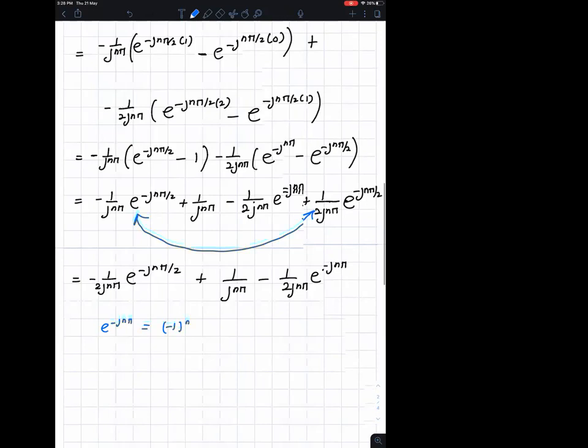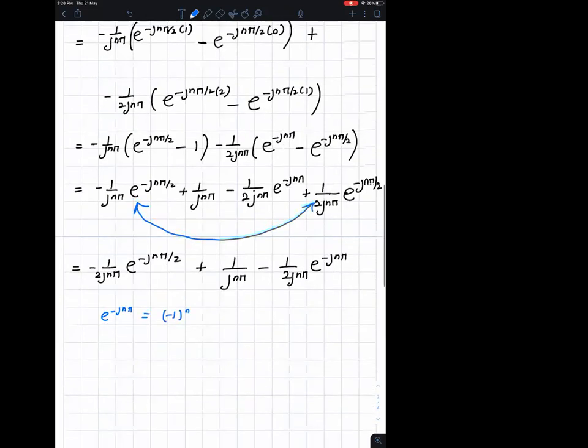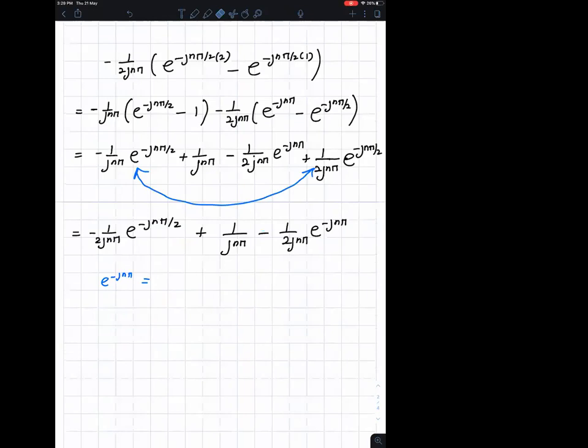It's not necessary, but how you get this is using Euler: this is cosine n pi minus j sin n pi. Sin n pi is always 0, since a multiple of pi is always a zero crossing. So we have just cosine n pi.